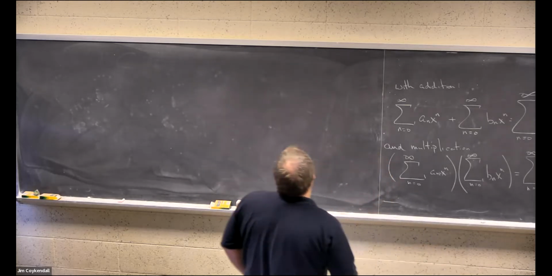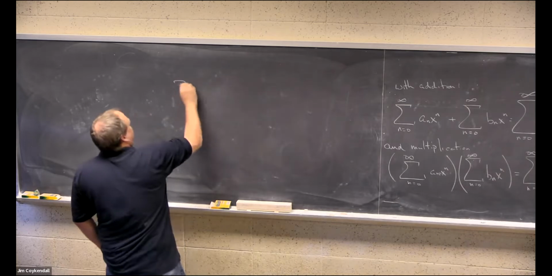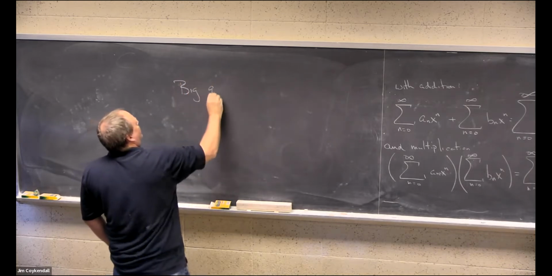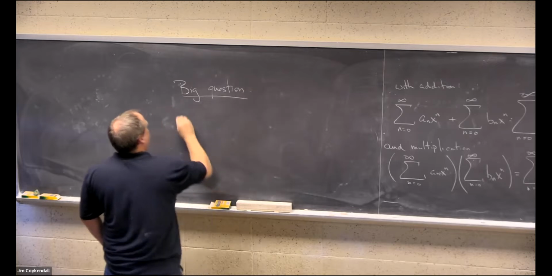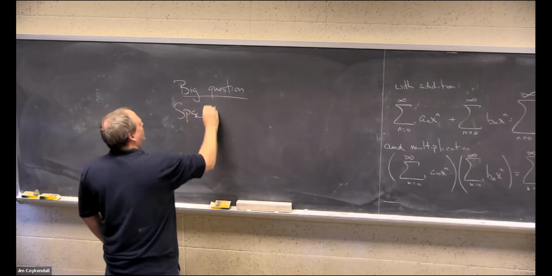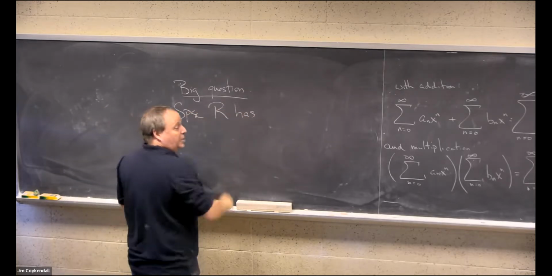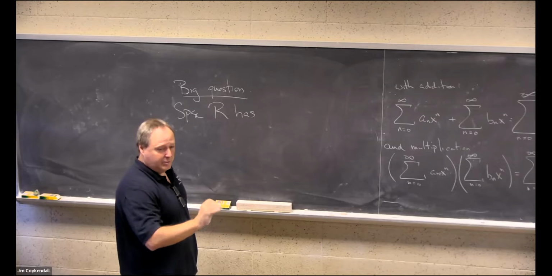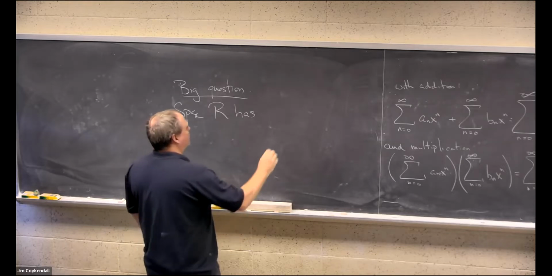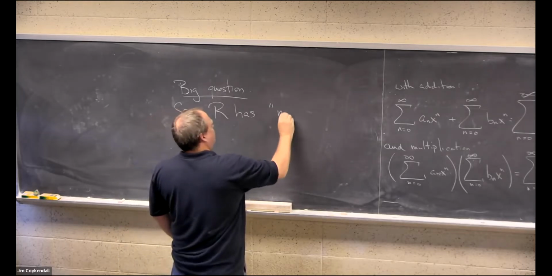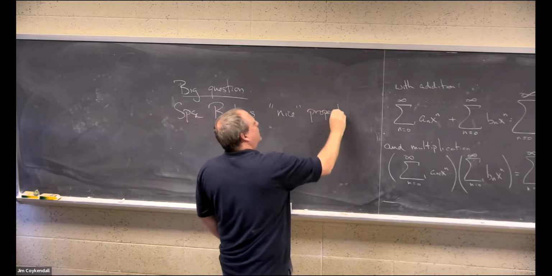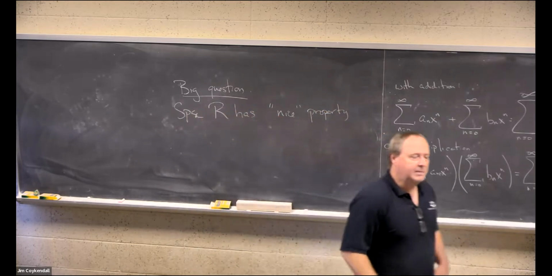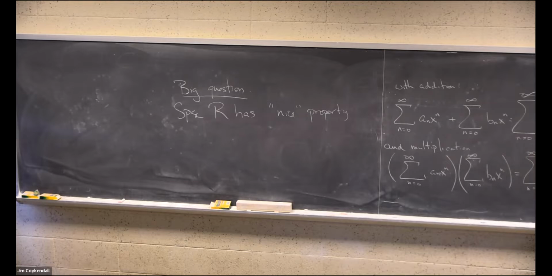So here's a big question. Suppose R has a really nice property. I can think of a lot of these properties. Maybe R is Noetherian. Maybe R is a unique factorization domain.